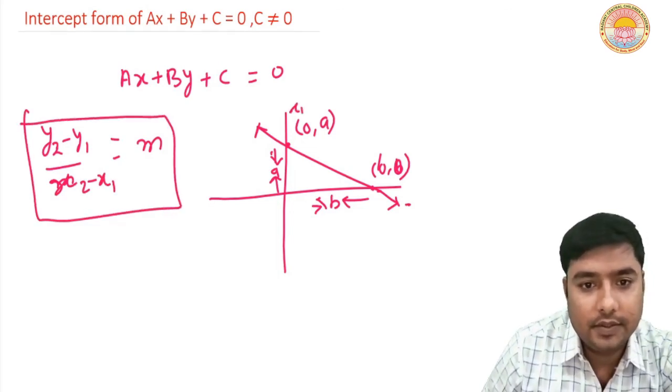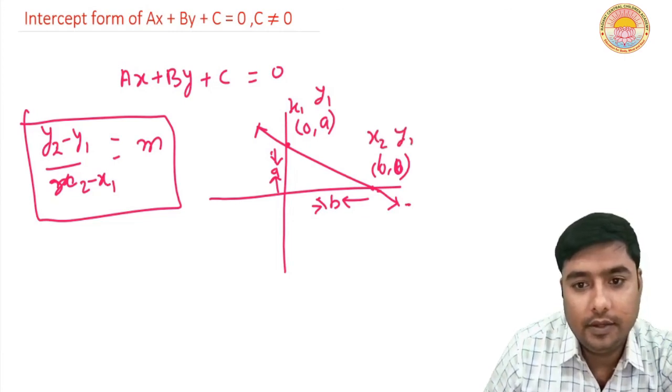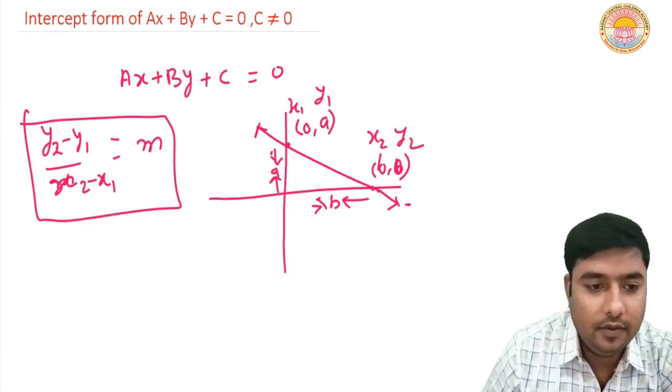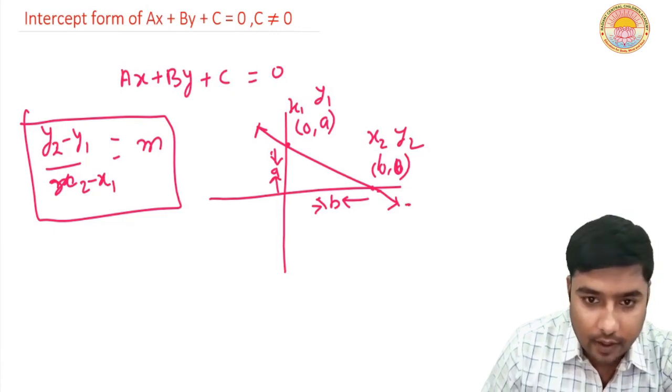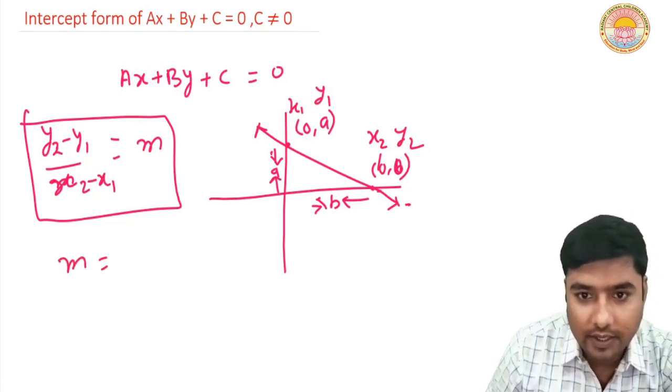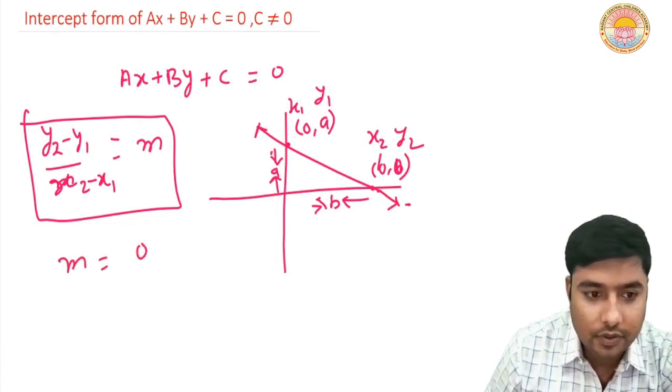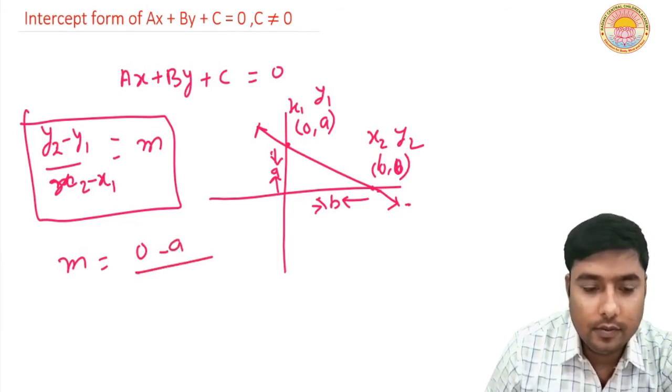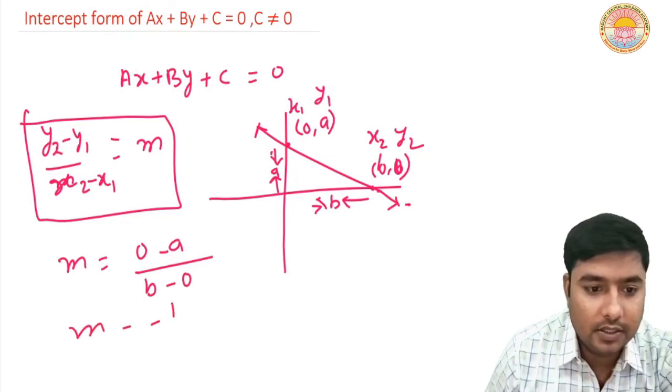So this is x1, y1, x2, y2, and we can find the value. Then m equals y2 minus y1, that means 0 minus a upon b minus 0, so m equals minus a upon b.